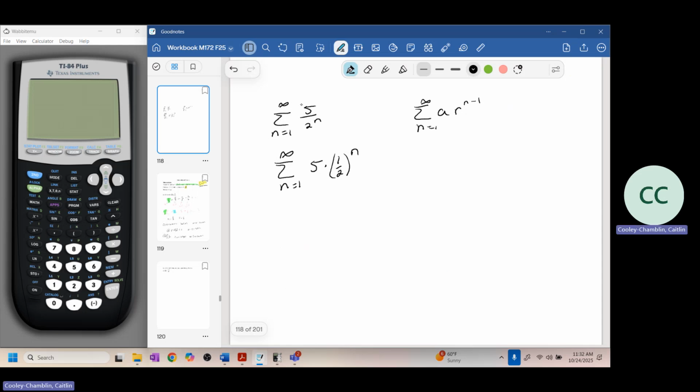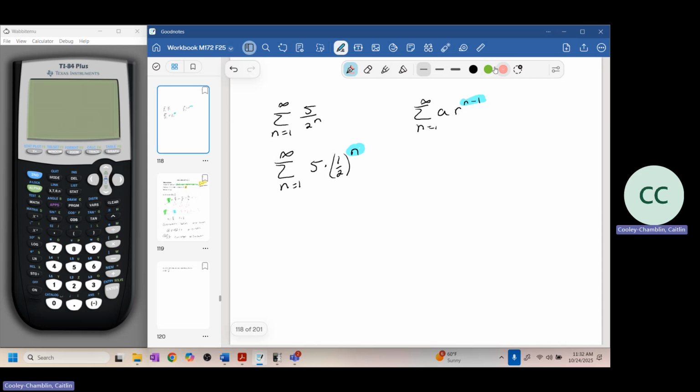I know that 5 is a constant, so I can pluck it out like I did before when we were listing everything out. But notice the issue here is that this is to the n minus 1 power, and this is to the n. For these two to be the same, I need this power to be n minus 1. So we can just pull out a 1/2.